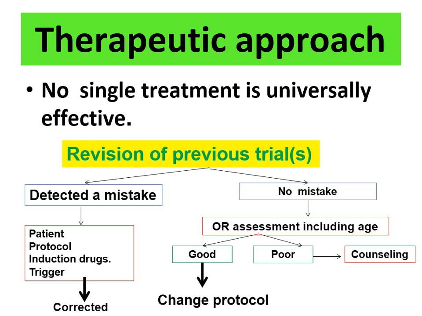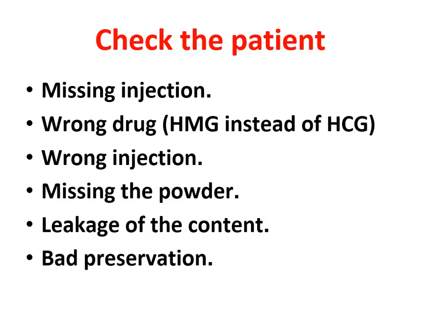And if the ovarian reserve is okay, this means that you have to change the protocols previously used in this case. And if the ovarian reserve is poor, they are poor responders. You have to counsel them that you are a poor responder and you are liable to all the problems of poor response.